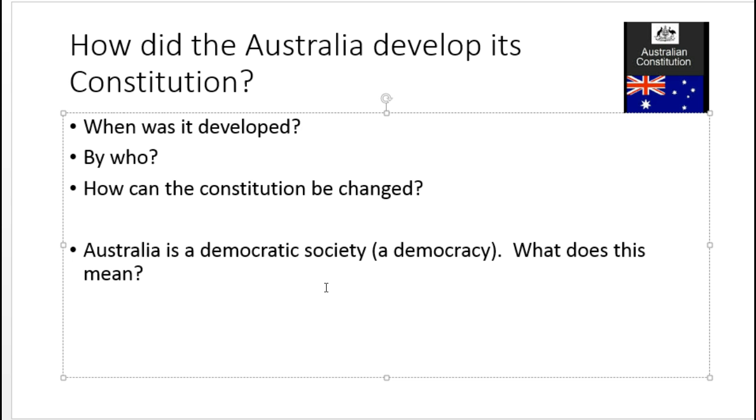So that just means that the people of Australia have a say in how our country is run and by whom. So that's why Mum and Dad will go to the polls every now and then and vote for the Prime Minister or the Premier of their state. The Prime Minister is the head of the country. So democratic means that the people have their say about who runs their country and how it is run.